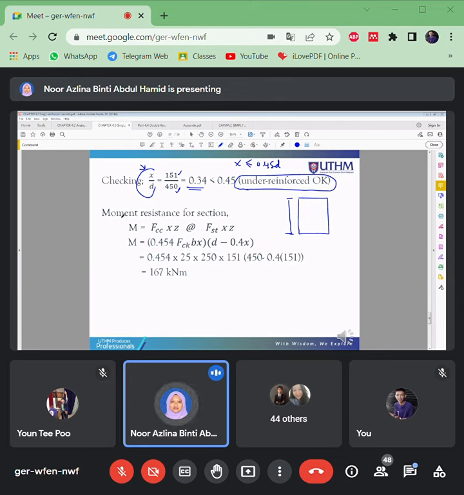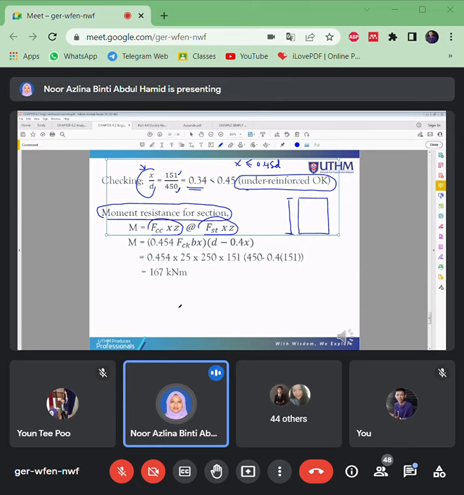Okay, then from the stress block diagrams and the formula, you can come up with the moment resistance for the section here. You can take the moment resistance with respect to the concrete or with respect to the steel, and you will get the same value.